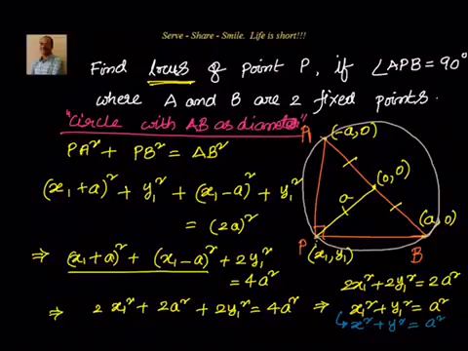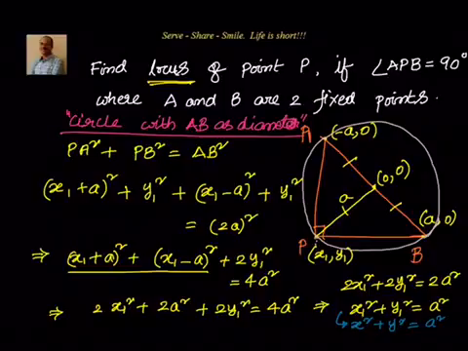A and B are two fixed points, so I can take any values for A and B. For simplicity, I have taken them in such a way that I get minimal values so that I can solve it easily. I took minus a comma 0 and another point as a comma 0. Now we know A and B, minus a comma 0 and a comma 0 respectively. P is a point on the locus with coordinates x1 comma y1.